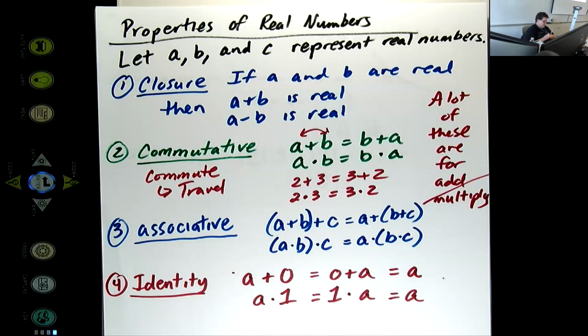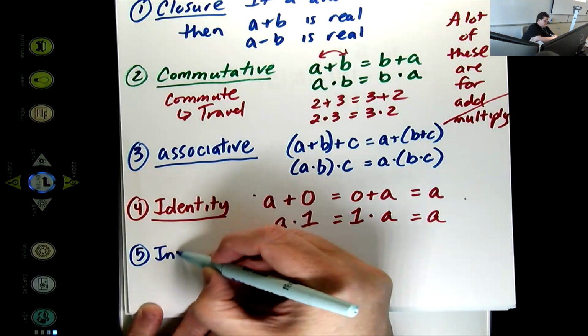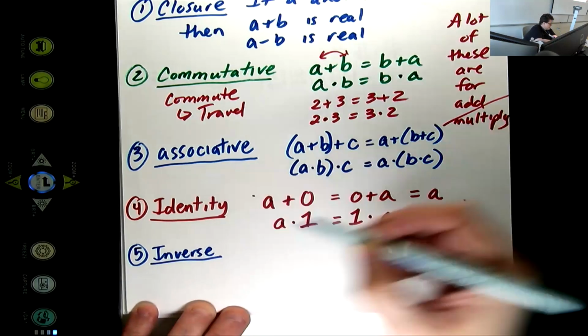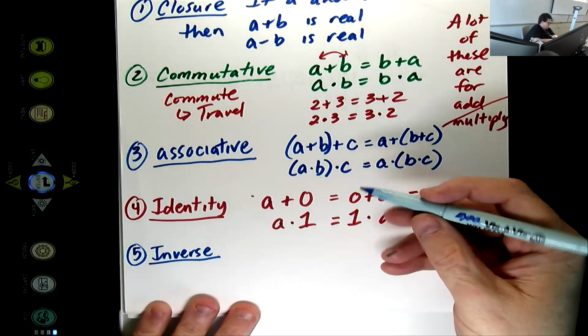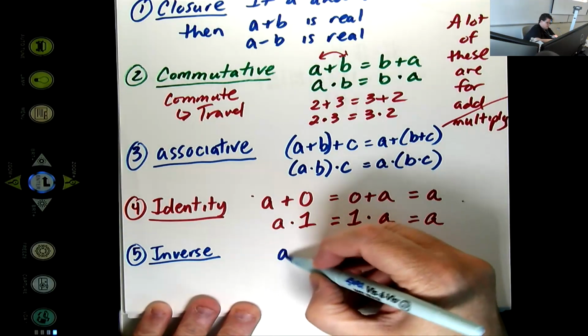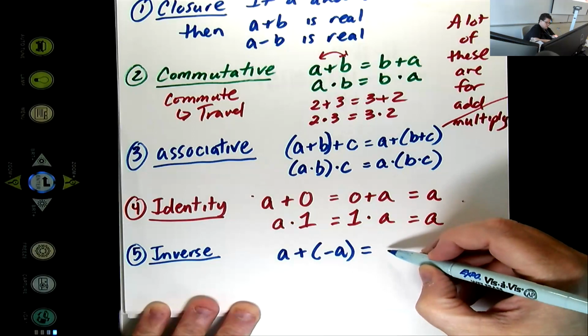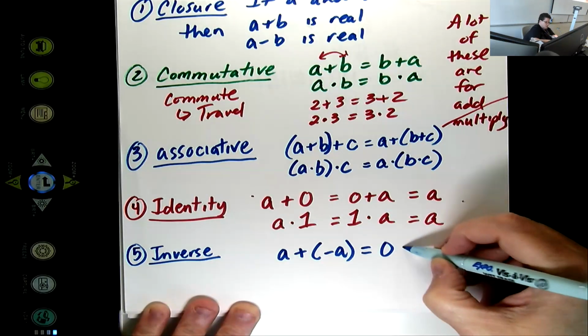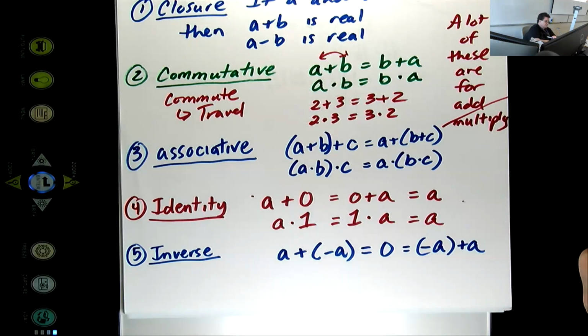Another fun one is the inverse. For every real number A, there is a unique real number, -A, such that when I add them together, they equal 0. Or I could do them in the other order, -A plus A. That's the additive inverse.